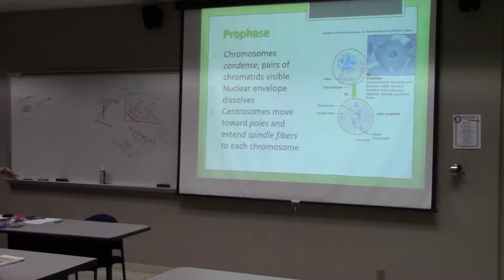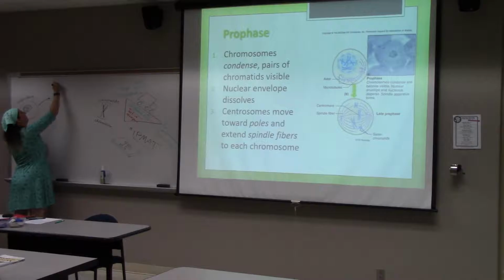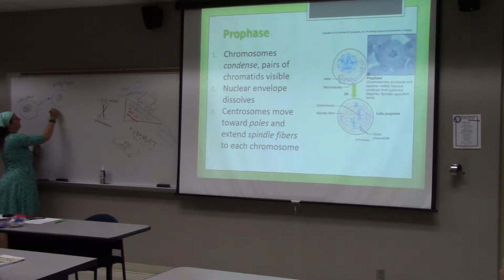So one of the things that happens in prophase is we go through and take each extension cord and coil it up and put a twist tie around it. We call that condensing the chromosomes. We'll just do 4 of them.